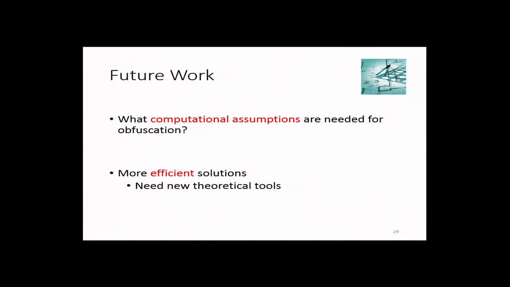But I think an equally pressing problem is to make the constructions that we have more efficient. And I think that this is not just a matter of optimizing the constructions or having more optimized implementations of our construction, but that new mathematical tools need to be developed if we are to get more efficient solutions here.